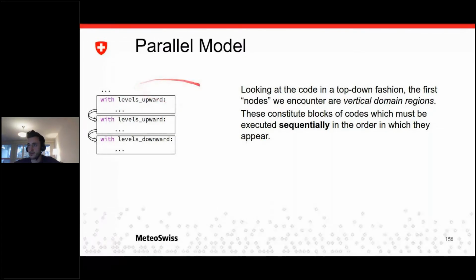You can also specify, of course, the vertical domain, so over which levels you want to iterate, but here I've hidden this detail. So at this level, you consider these as blocks of code, and you need to execute these blocks sequentially, one after the other, in the same order in which they are written.